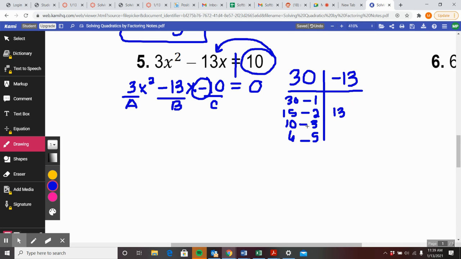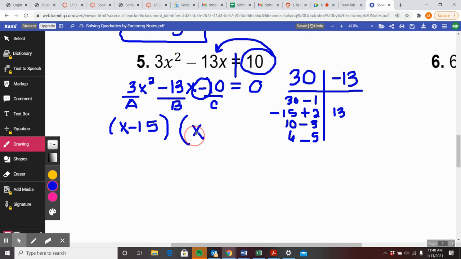If I did 10 plus 3, that would also be 13. So you have to make sure that you pay attention to that sign. Now that 13 is negative, so what do I need to do to these? Yeah, I need to flip them. The bigger number has to be negative.